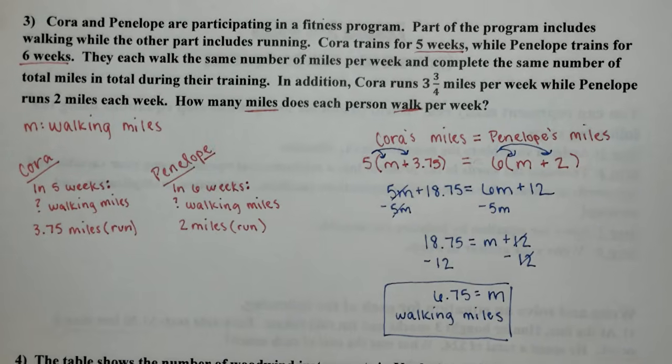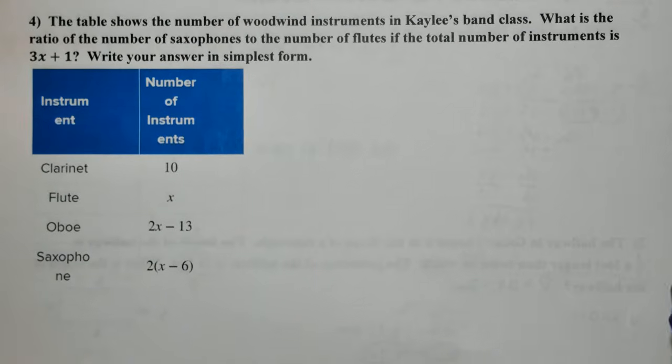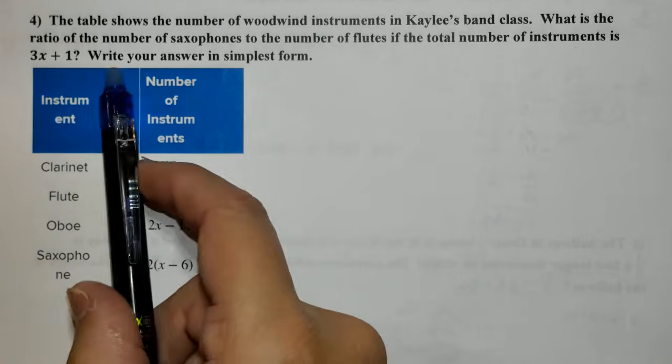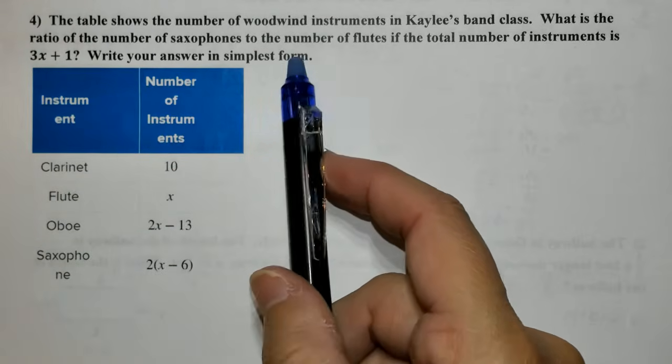Okay, let's look at number 4. It says the table shows the number of woodwind instruments in Kaylee's band class. What is the ratio of the number of saxophones to the number of flutes if the total number of instruments is 3x plus 1? Write your answer in simplest form.